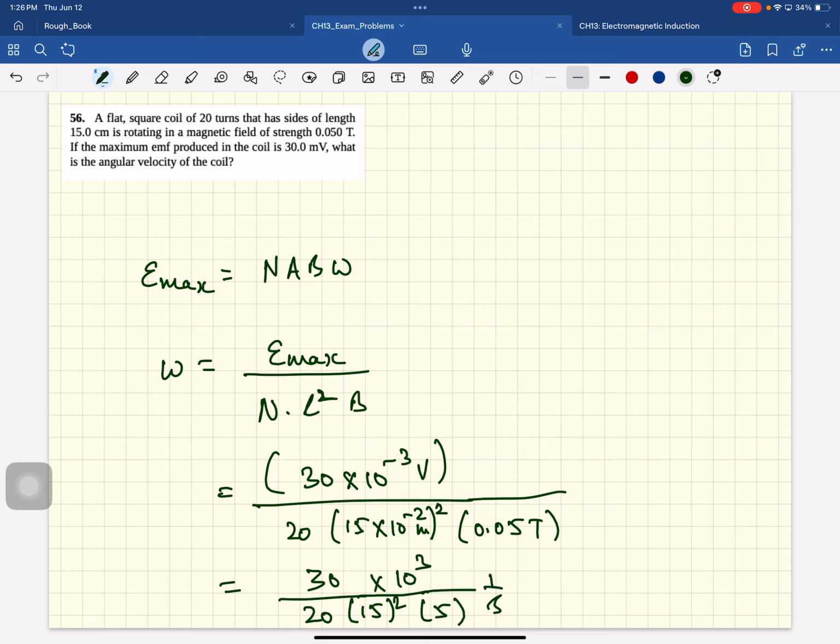And this will be radians per second. Did I do that right? 10 to the minus 3, minus 4, minus 1.